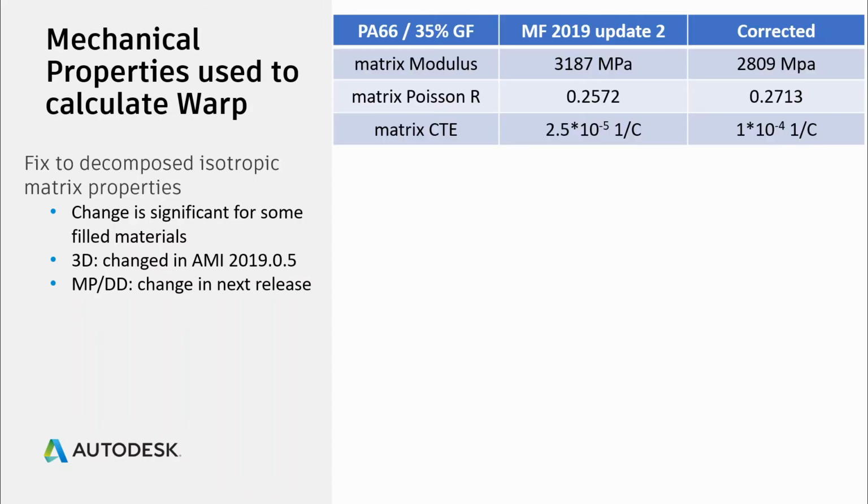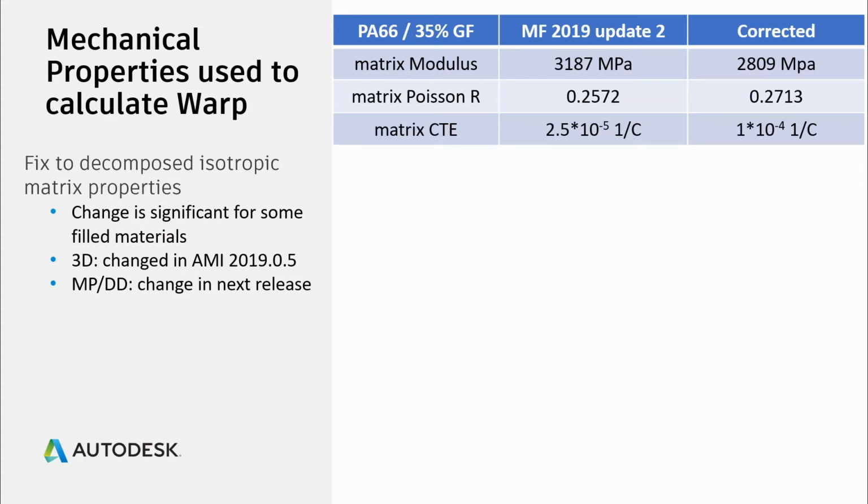If you look in Moldflow Insight 2019 Update 5, and you compare the estimation of matrix properties from a 3D solution to those from a midplane or dual domain solution, you will in fact sometimes notice this difference, with some slight differences in estimated values depending on geometry type.